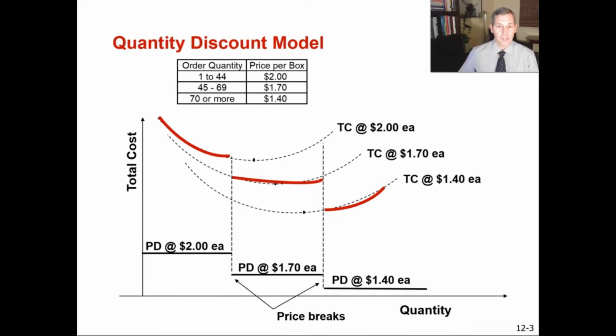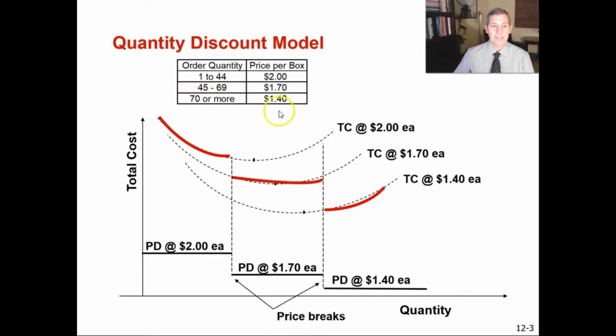But if you just buy 1 more unit and you buy 70 units instead of 69, you're going to pay $1.40 per box. You're going to pay less and buy more. So of course you're going to do that, okay? So that's the quantity discount model, and we're going to do that with the economic order quantity to determine which quantities we should buy.